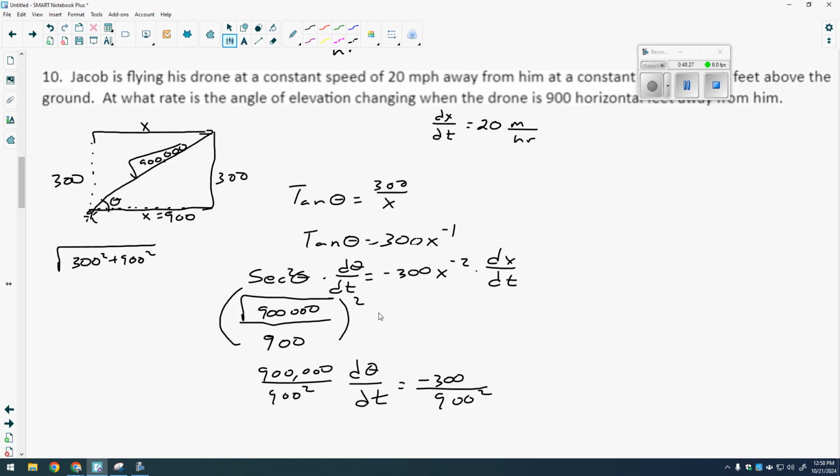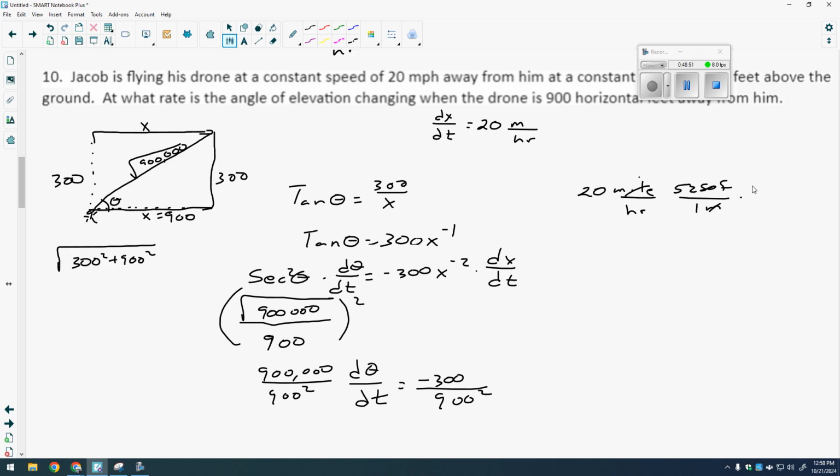And so here's where I'd have to change that 20 miles per hour into feet per second. I'm not going to make you do this, but 20 miles per hour, feet per second, there's 5,280 feet in a mile. So we have 5,280 feet is 1 mile. So these go away.